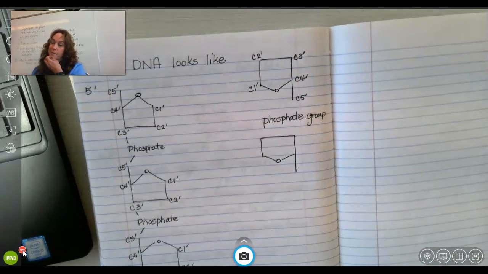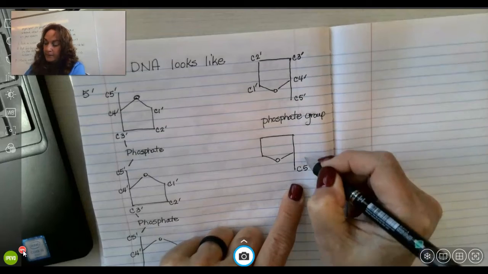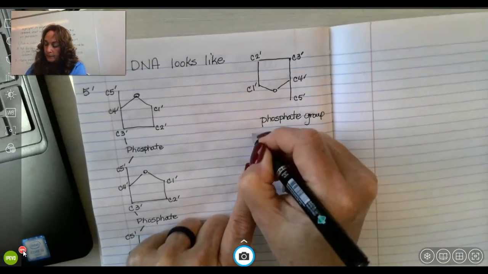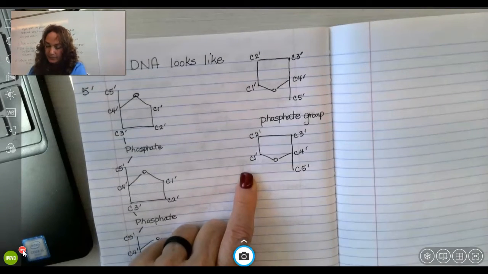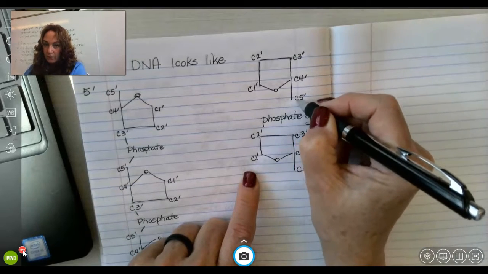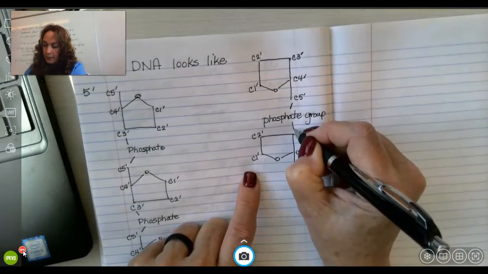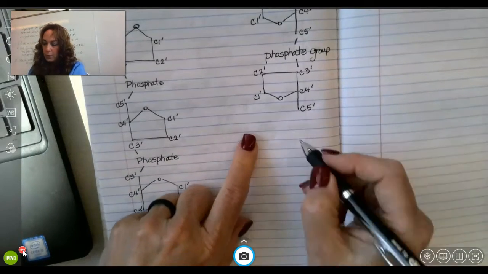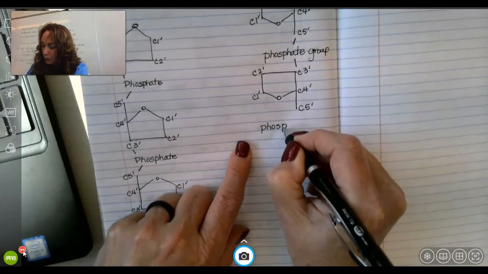Now let's be truthful, that's pretty good looking. 5', and I'm just walking around. Now if I put the 1. Phosphate group, covalently bound to the 5' of one and the 3' of the next sugar. Here we go again. Put a phosphate group. Sugar, phosphate, sugar, phosphate.